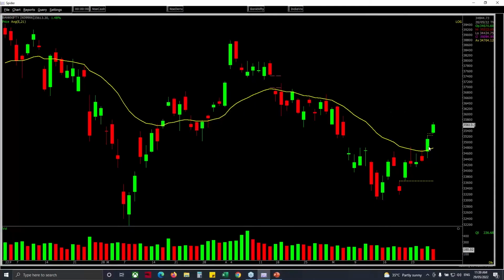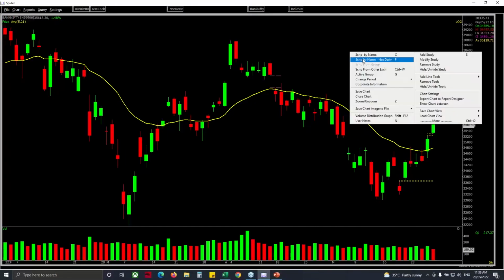So, on Thursday, on the day of expiry, we got a breakout of the consolidation and a close above the 21-day exponential. Next day, Bank Nifty opened with a gap and continued. So the daily chart is suggesting a bullish up move might continue.